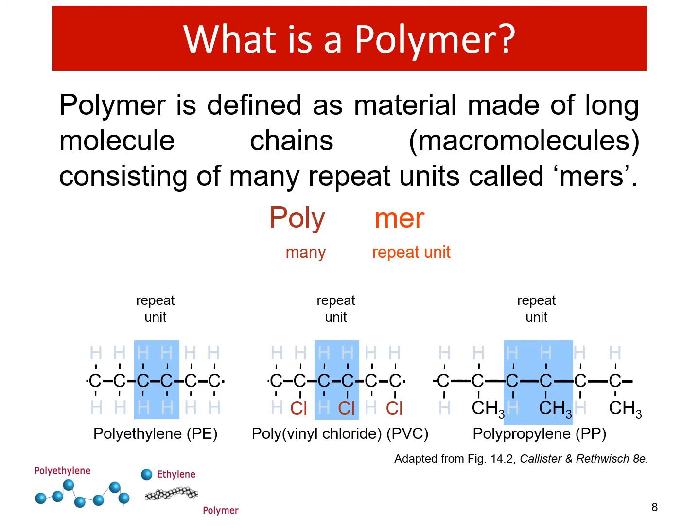An example is given here for ethylene, as in polyethylene. The basic unit, or the monomer here, is ethylene, and it is repeated in this long chain of polyethylene. Similarly, we are seeing other examples for polyvinyl chloride and polypropylene.